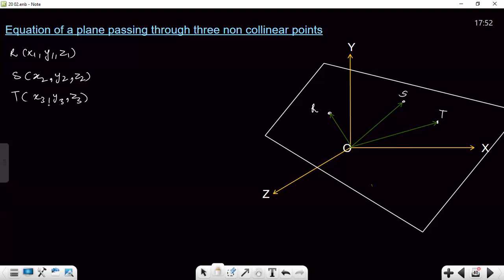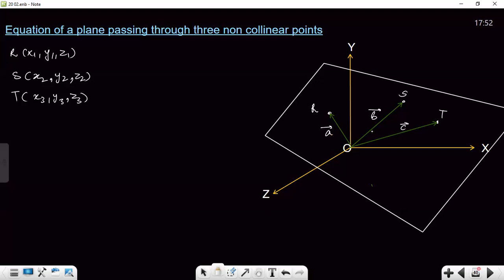These are the coordinates of R, S, and T. Let's also draw their position vectors. Let me call this vector A, this is B vector, this C vector. These are the three position vectors.